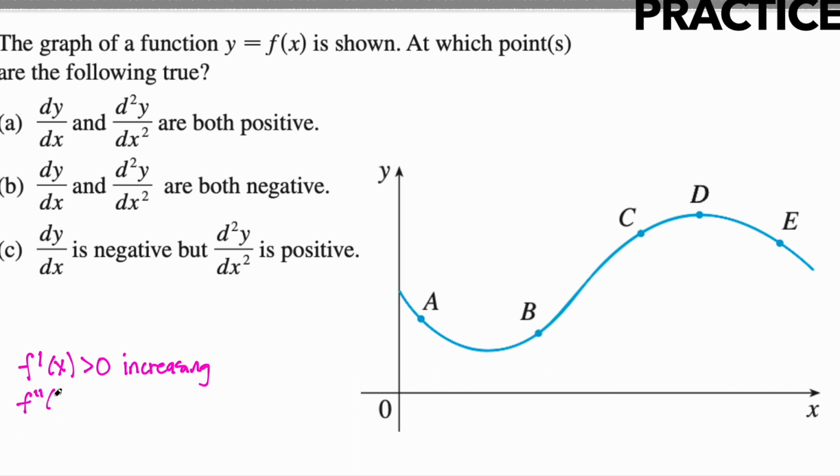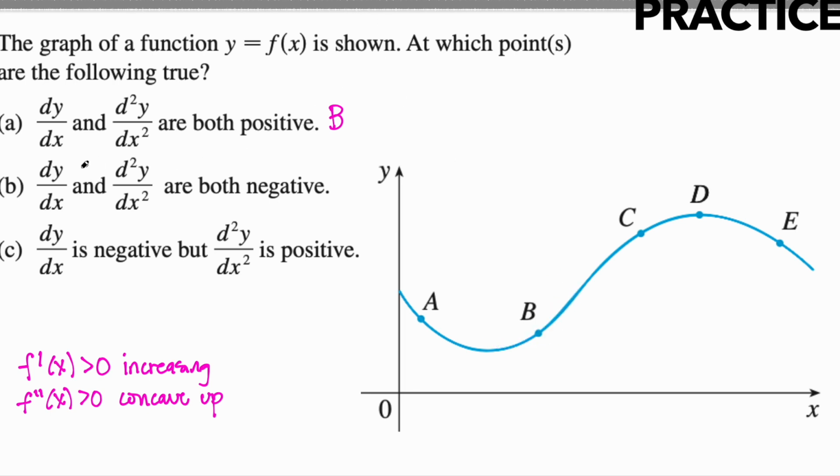If the second derivative is positive, that means it's concave up. So where is the graph increasing and concave up? And that should be at B. It is increasing, and you can tell that the curve is concave up.